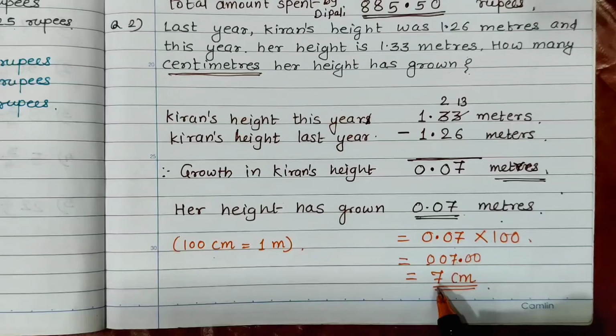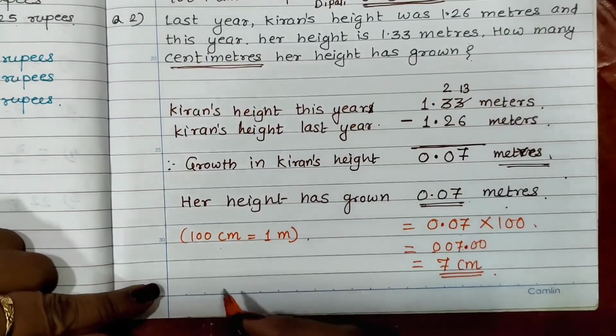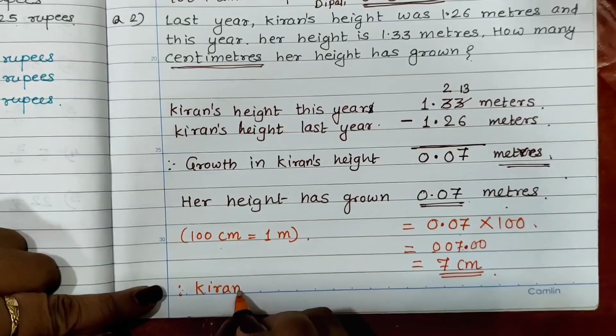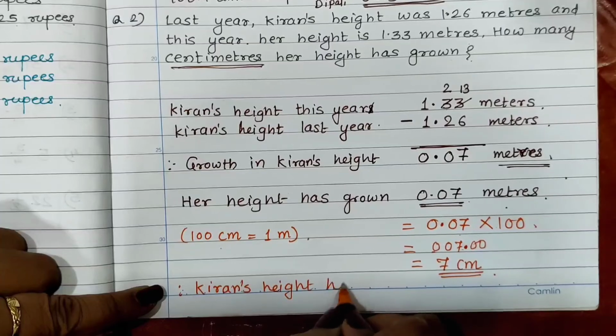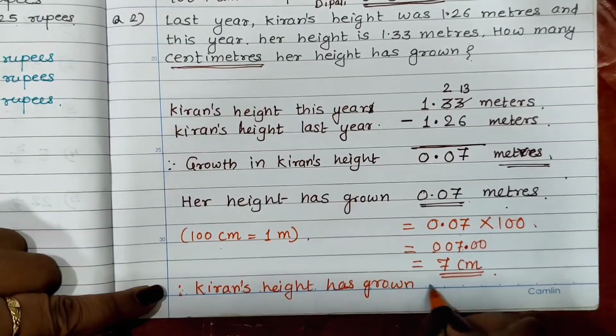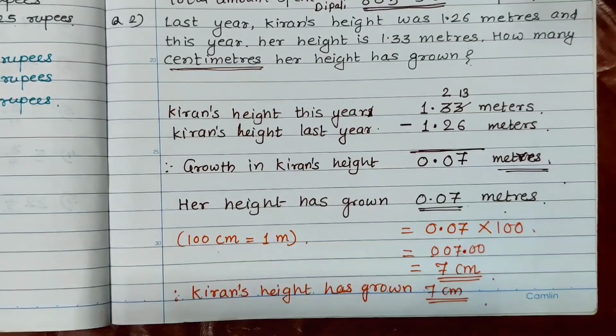So actually her height has grown 7 centimeters from last year till this year. Therefore Kiran's height has grown 7 centimeters. So in this way we have got the answer in centimeters also.